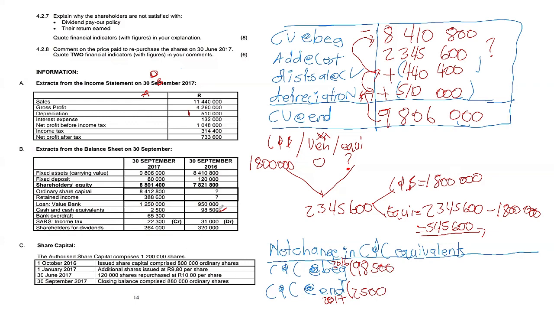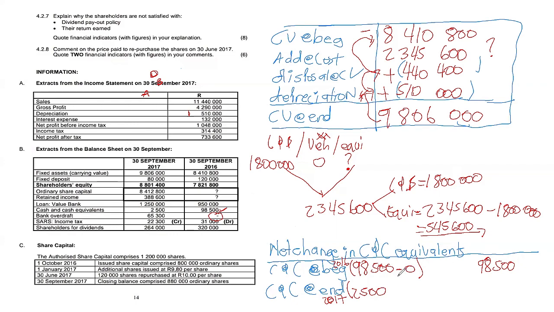So our bank overdraft in 2016 was what? It was zero. So here it's 98,500 minus zero. That means our balance at the beginning is going to be 98,500.